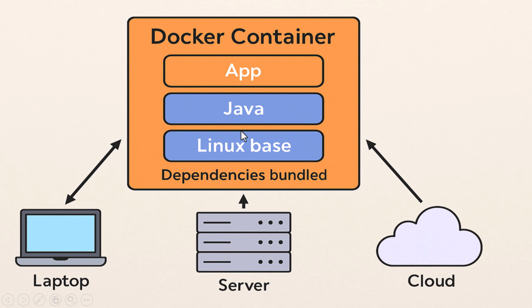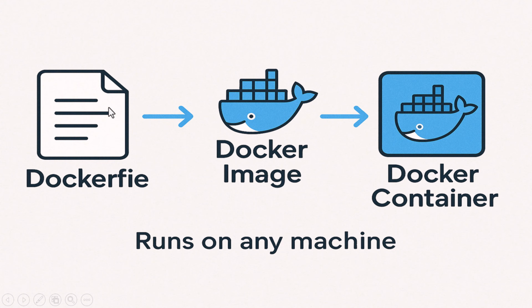Here's how it looks in practice. You write a file called a Dockerfile. In that file, you describe everything your app needs, like start with this version of Linux, install Java, copy over my app code, and run the app. Then Docker reads that file and builds an image, kind of like a snapshot of your app with its full environment baked in.